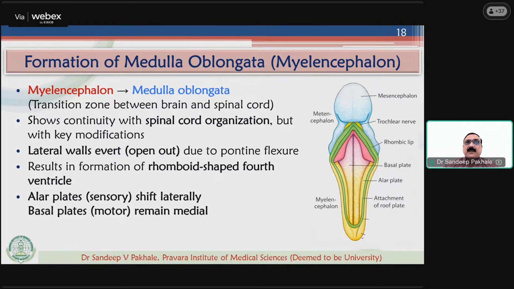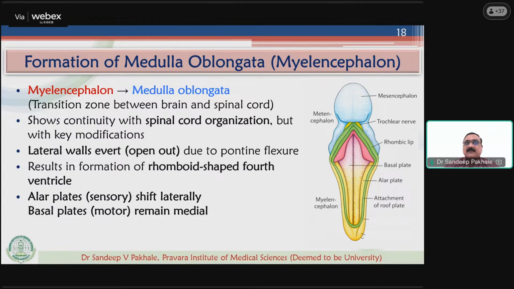Above this lies the metencephalon, which extends from the pontine flexure up to the rhombencephalic isthmus, the junction between the midbrain and this part. So you can see here the metencephalon gives rise to the pons and cerebellum, while the myelencephalon forms the medulla oblongata.